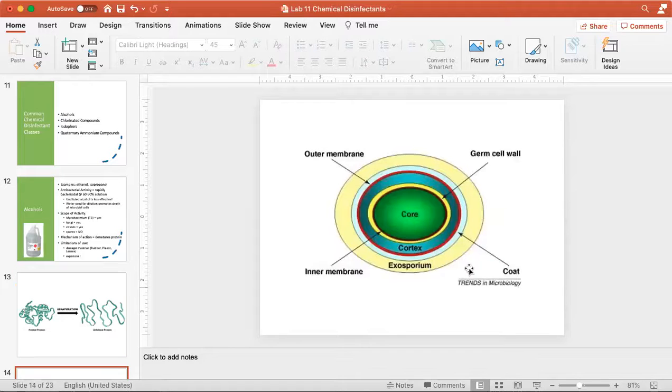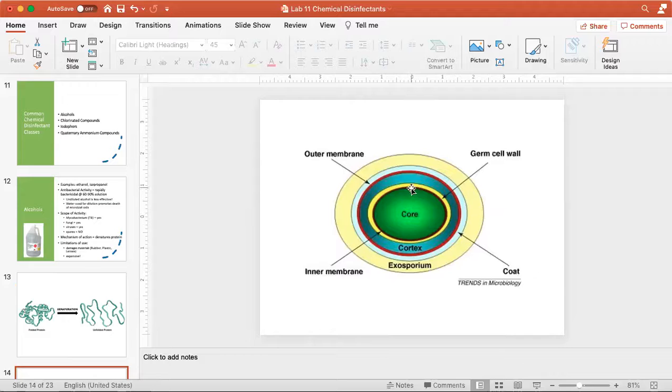This represents a spore. Remember that cells can sporulate in certain species of bacteria. Remember, we said the genus Bacillus and the genus Clostridium are capable of sporulating. And essentially what happens is the cell goes away. All that's left behind is this core of basically DNA and a couple of enzymes.